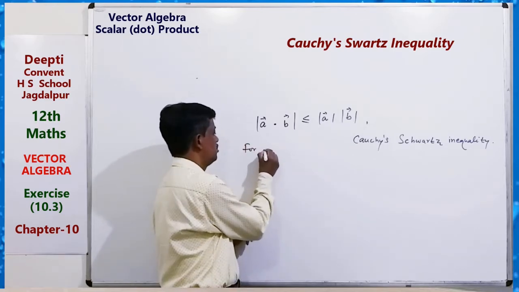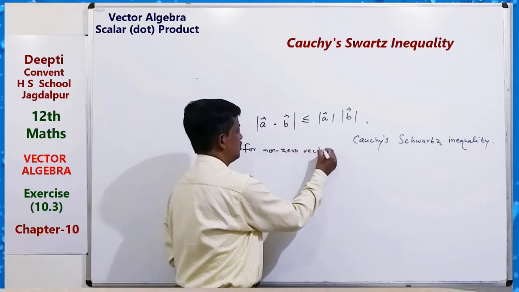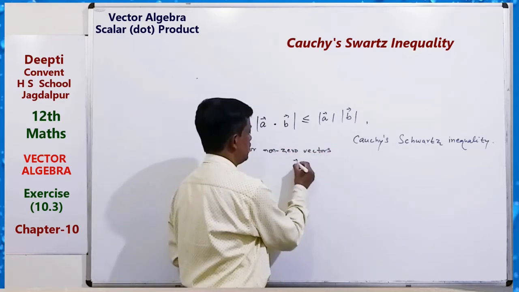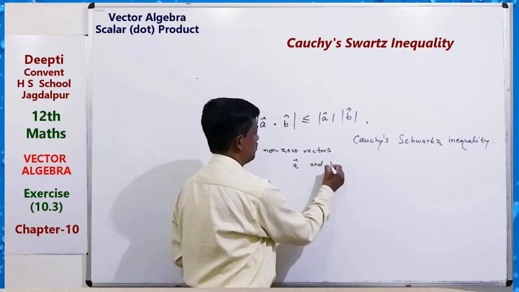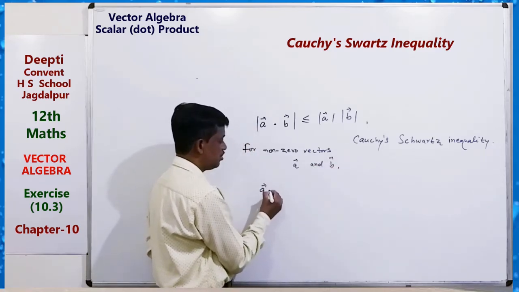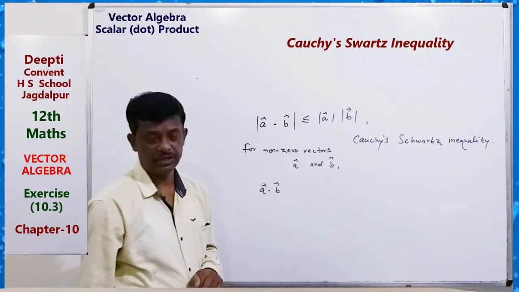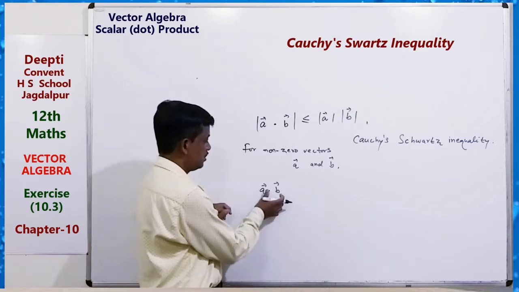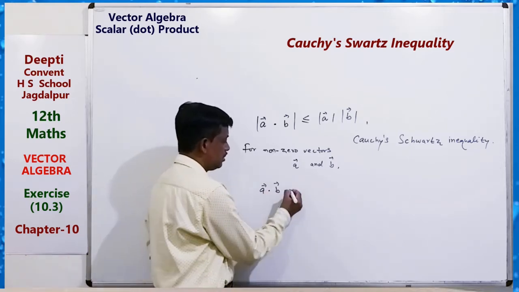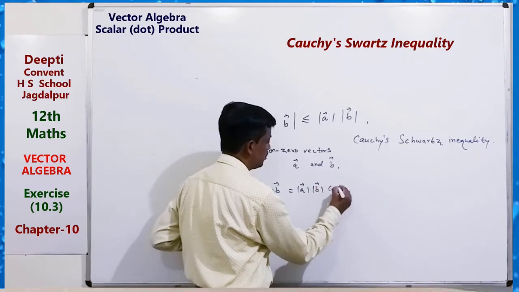For non-zero vectors A and B, we know A dot B equals mod A mod B cos theta.